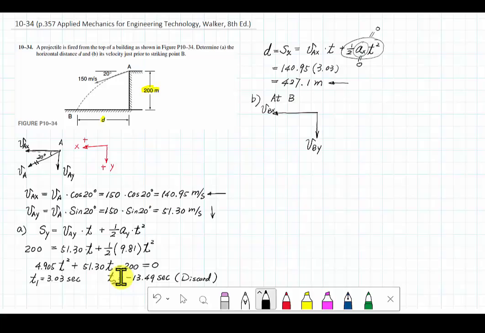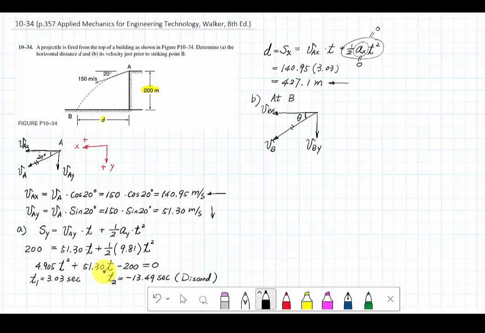Once we get these two, we are looking for the resultant of these two velocities, which is VB. That's the final one we're looking for. And VB is a vector, so we're going to need an angle as well. We'll need this angle or the other one, up to you.